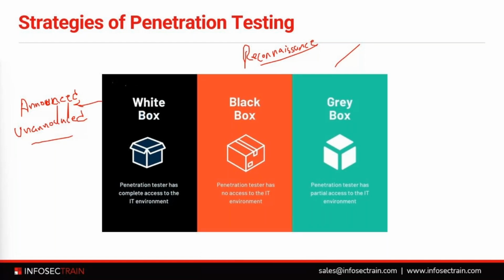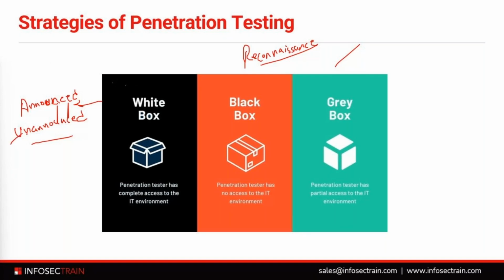So announced white box testing means we are attempting to compromise systems on a client network with the full cooperation and knowledge of the IT staff, right? So we are examining the existing security infrastructure for possible vulnerabilities, right? It involves the client's organization, security staff, and the pen testing team, right?